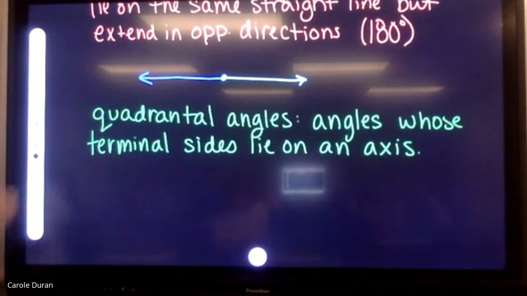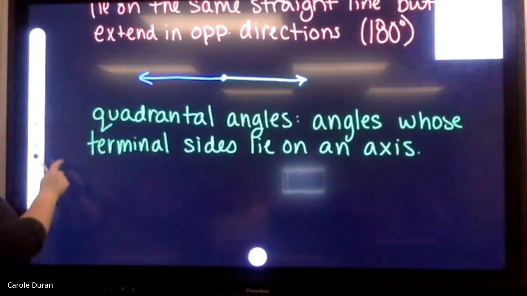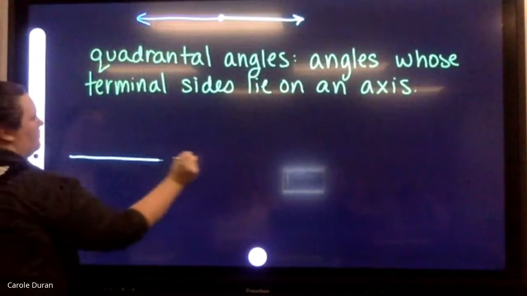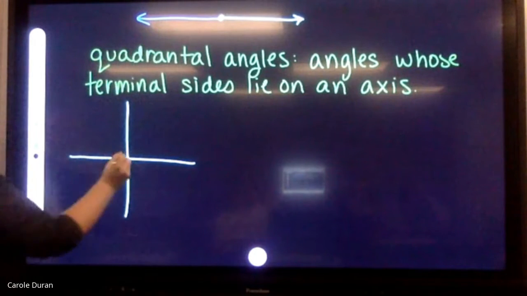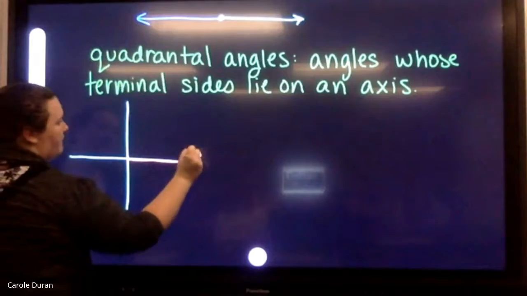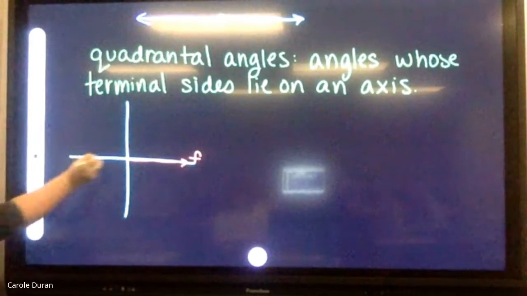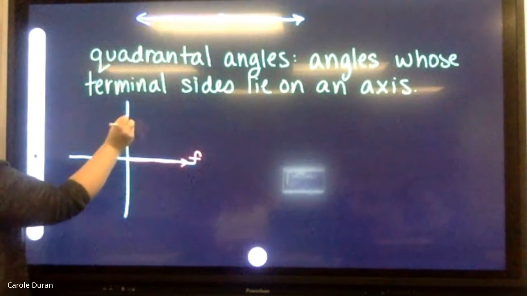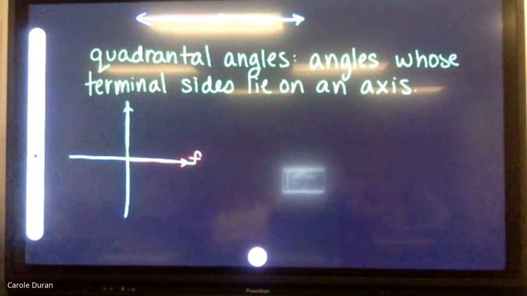So if we think about a coordinate grid, and if we say that this right here is my fixed side, I'm going to say F for fixed. If I had a terminal side that lied along my y-axis, that would be a quadrantal angle.